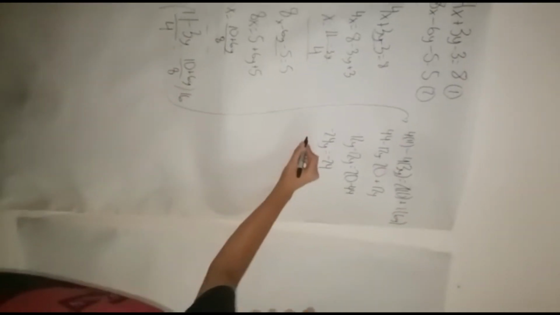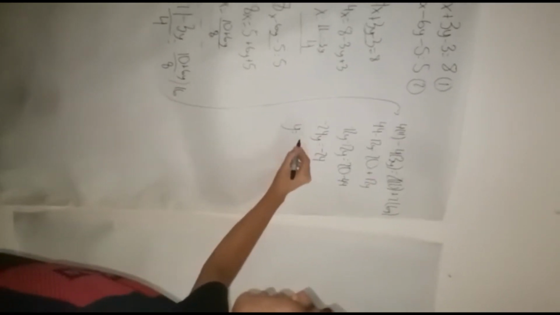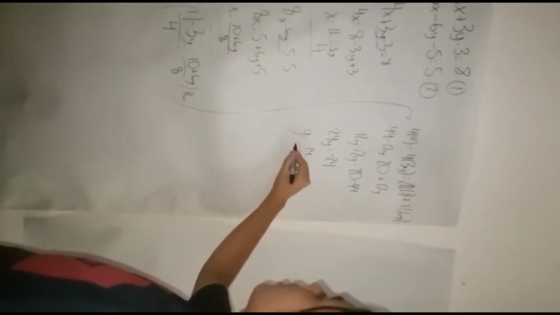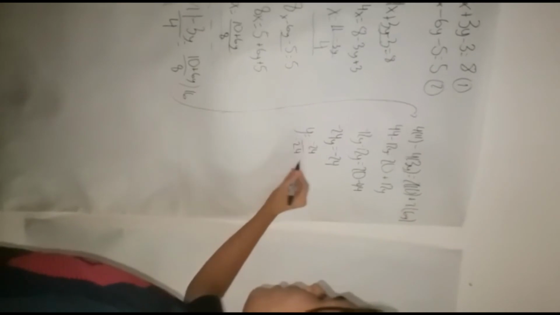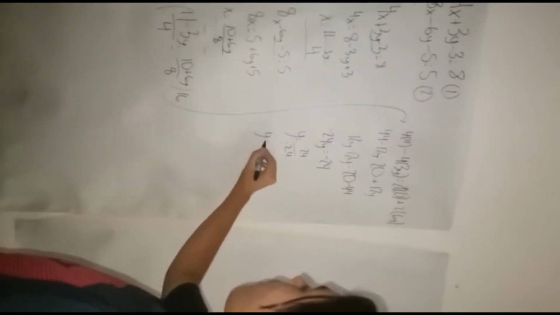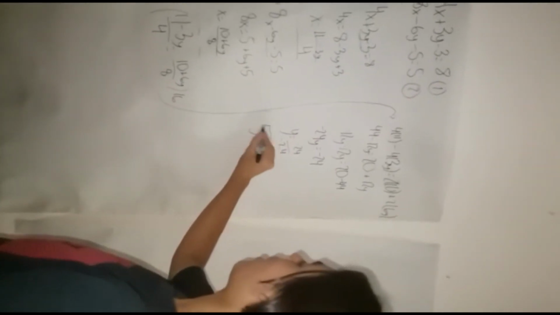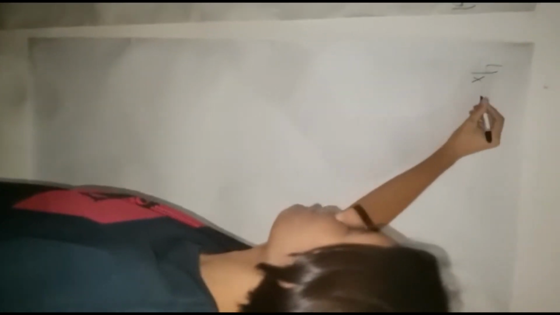We put the first one, 4x plus 3y minus 3 equals 8, and we replace the y: 4x plus 3 times 1 minus 3 equals 8, so 4x plus 3 minus 3 equals 8. This is eliminated because it gives us 0, and it remains 4x equal to 8, and we pass this to divide to clear the x, and x is equal to 2.